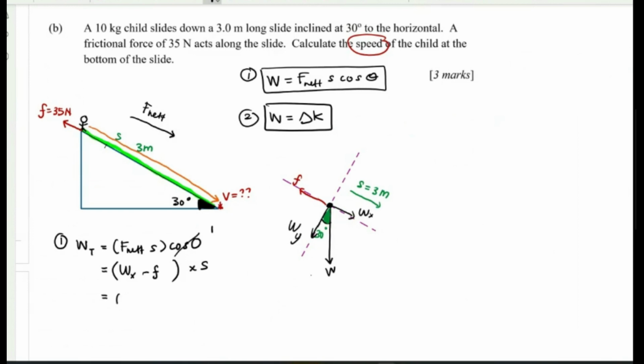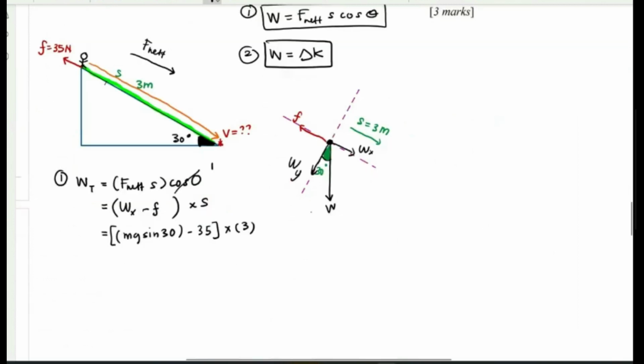Okay. So kita boleh kira lah. WX is equal to mg sin 30. Okay. Minus friction which is mu N. Friction dia dah bagi 35. Times S is 3 meter. Okay.